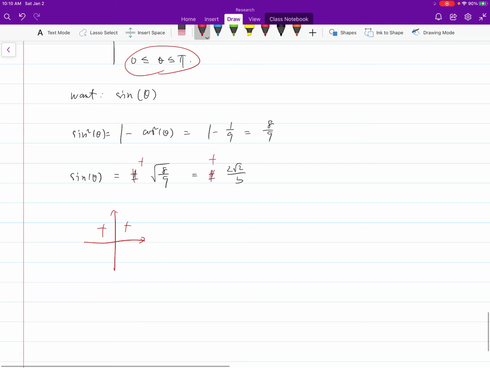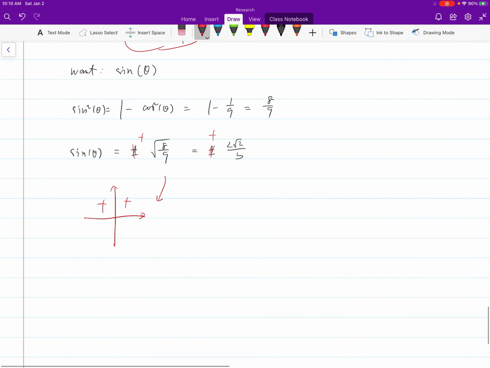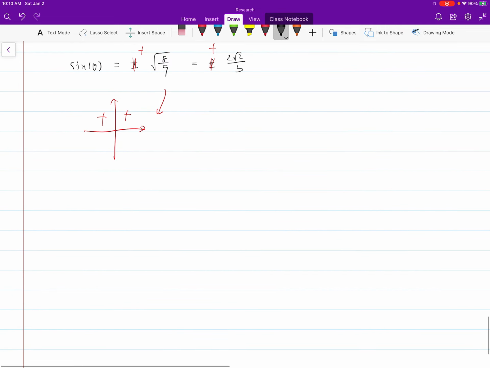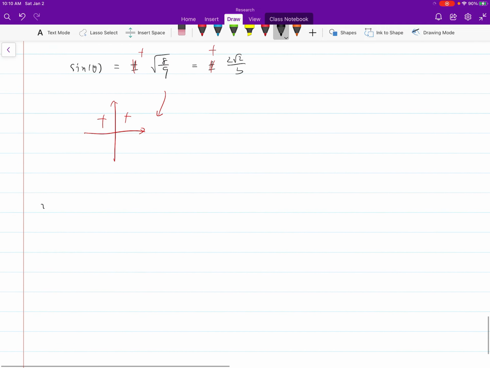Finally, using this 0 to pi restriction, we know we should take the one which is positive. The reason is because theta is in this region. Okay, so that's what we had before. The same thing still holds.